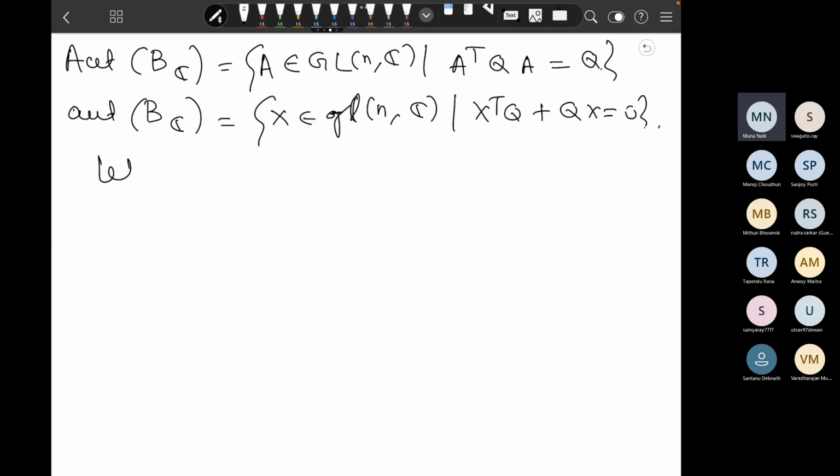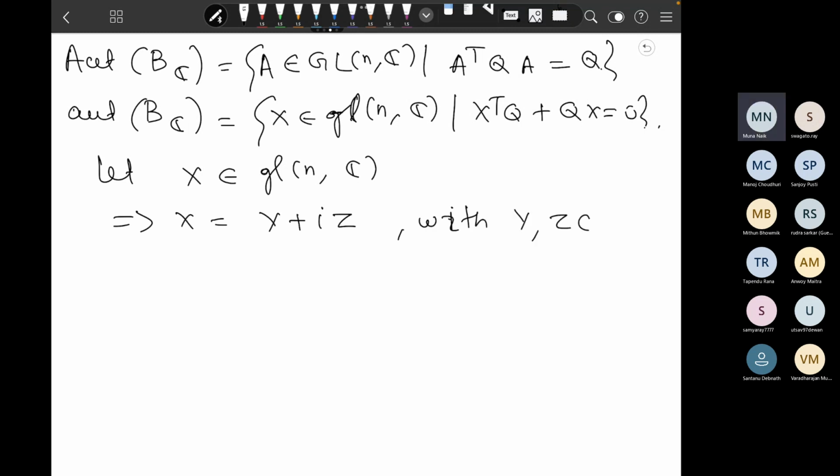Okay, so X belongs to glNC. This implies X is equal to Y plus iZ with Y, Z belonging to glNR. This representation is unique always.